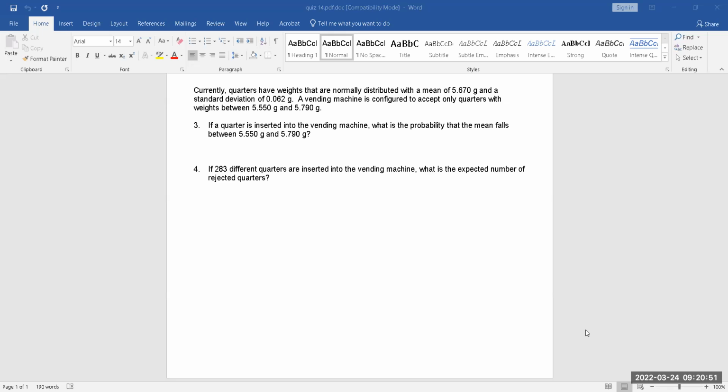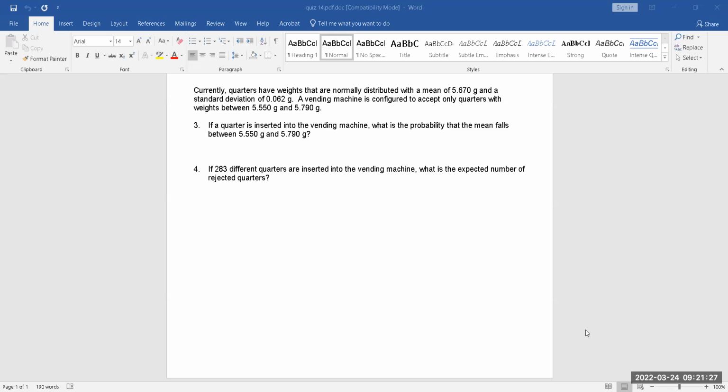What is the probability this quarter is going to be rejected from the machine? So you just calculated it in number 1. Well, hold on. Whatever answer you got for question 1, that's the probability that your quarter is good to go. You have a quarter that the machine likes. If you are outside of this range by being too low or too high, your quarter is going to be rejected. Okay, everybody okay with that?